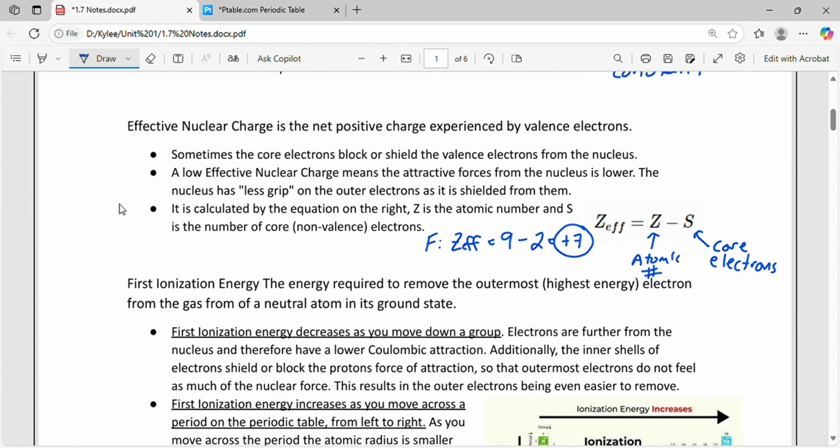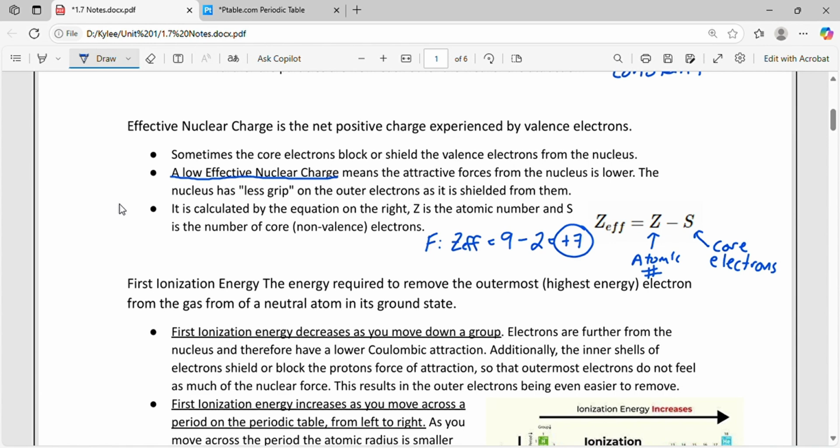Well, a low effective nuclear charge means that the attractive forces from the nucleus are lower. So fluorine having an effective nuclear charge of +7 means that its electrons are really attracted to the nucleus. If I had done this calculation and gotten +1 or 2, that tells me that the valence electrons are less attracted to the nucleus.